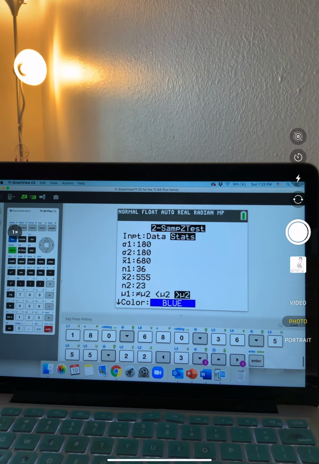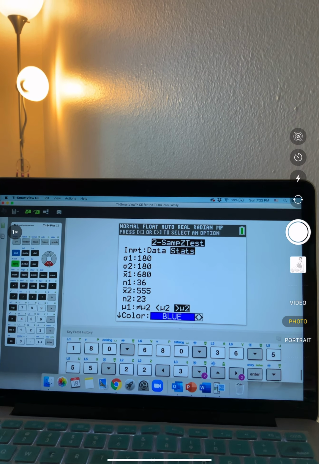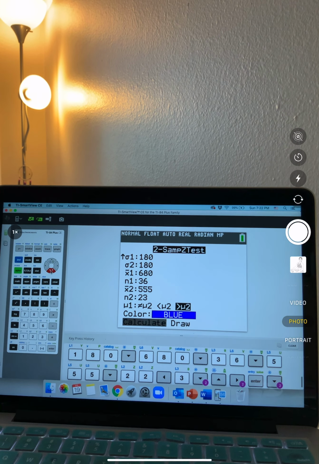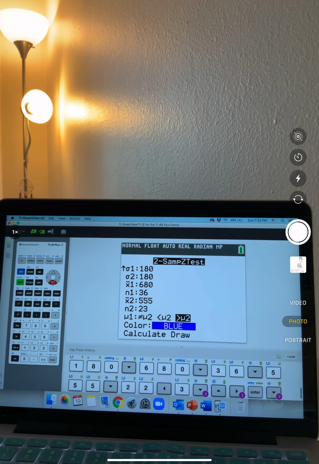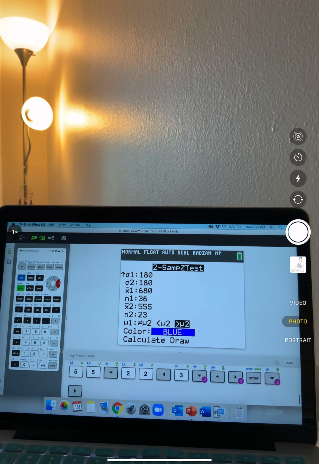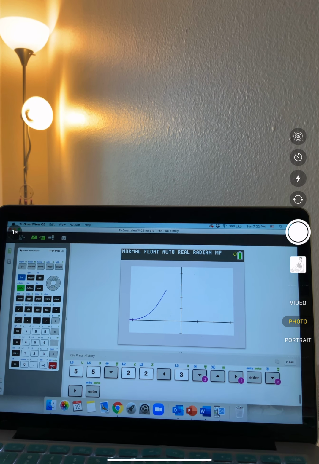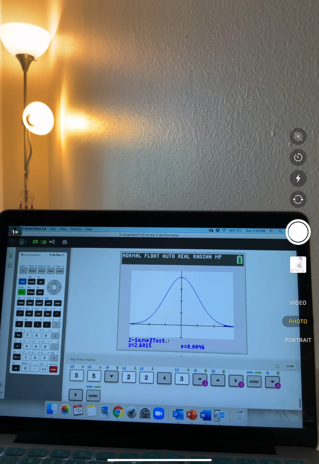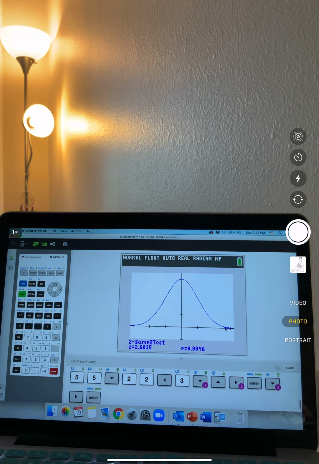Okay. Then let's keep going down. Again, you can use calculate or draw. I showed you that it's the same thing. You can get both. This time I'll do the draw function. You see the right tail here, a tiny bit over here.